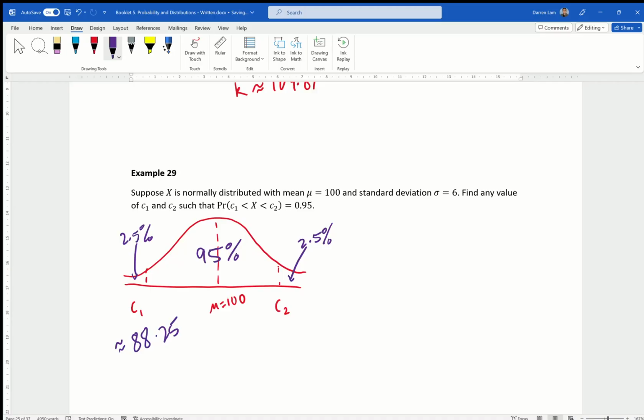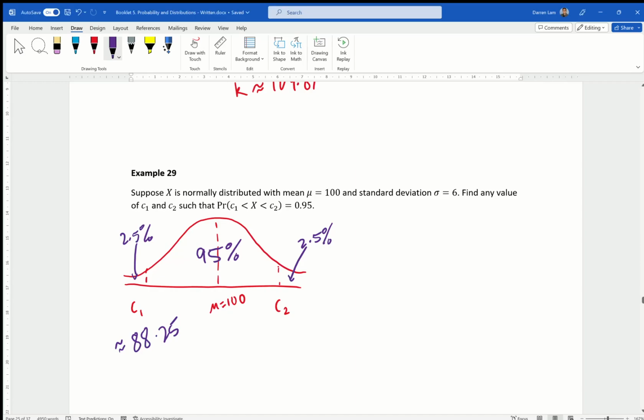Theoretically, yes. However, the problem is that it always comes back to approximation with a normal distribution, which is why it's 88.25. This is more accurate. But theoretically, yes.